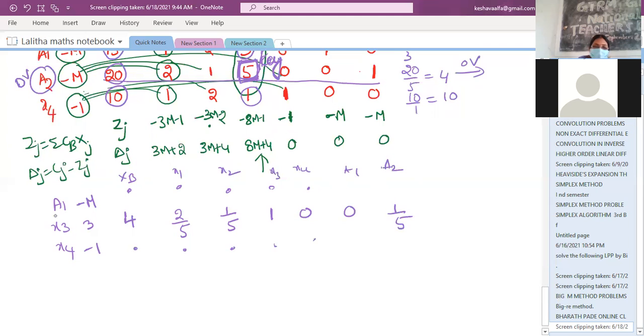No need to calculate A1. A1 is in first position basic variable, so we get 1, 0, 0. X3 is in second basic variable, so we get 0, 1, 0. X4 is third basic variable, so we get 0, 0, 1. So no need to calculate A1, X3, X4 basic variable values.